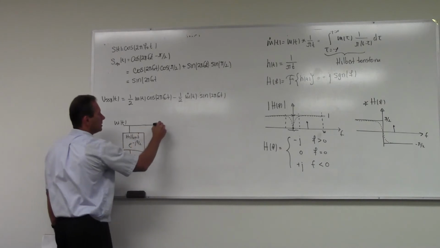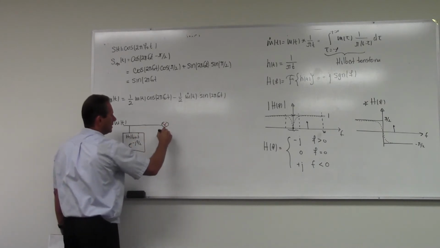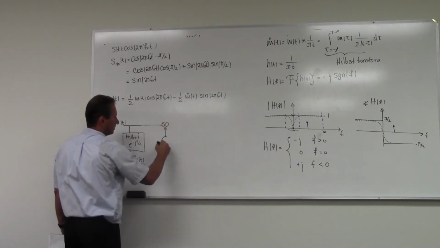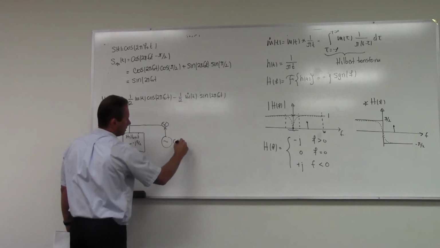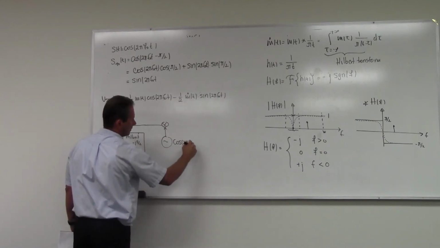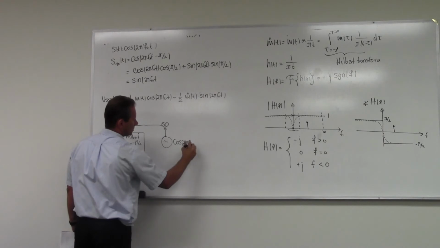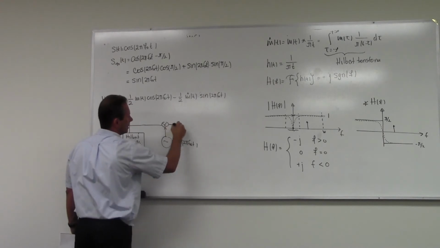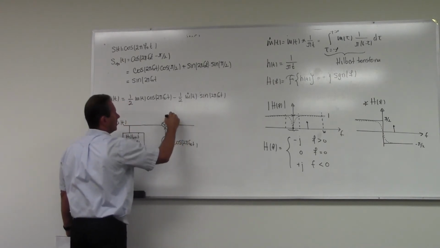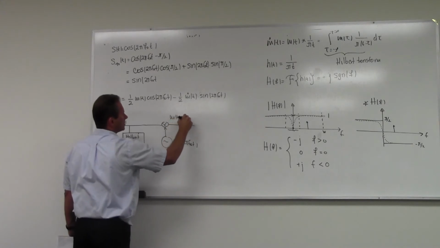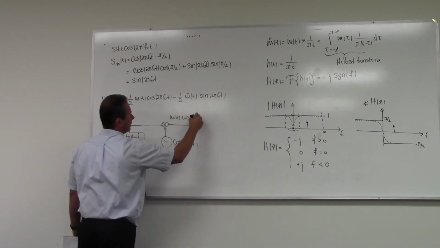Now you take this and multiply it with, let's say, cosine 2 pi f_c t. That's your carrier. Here you get m of t times cosine 2 pi f_c t.